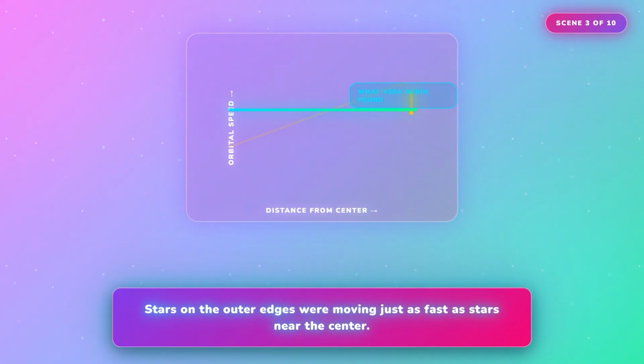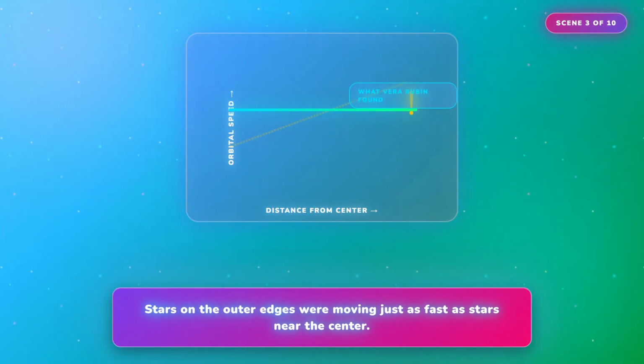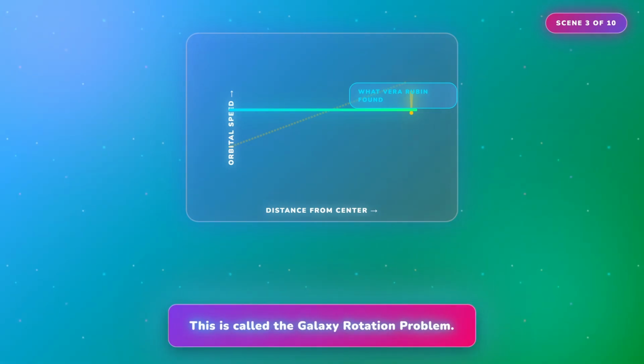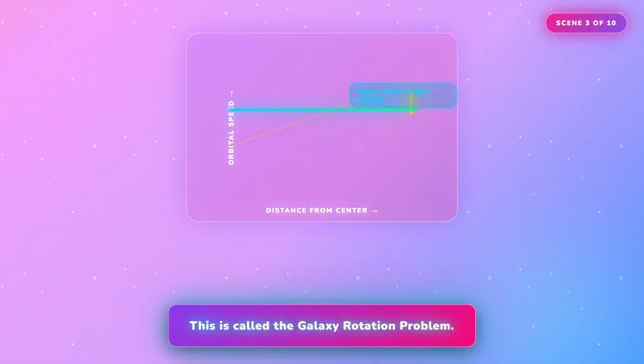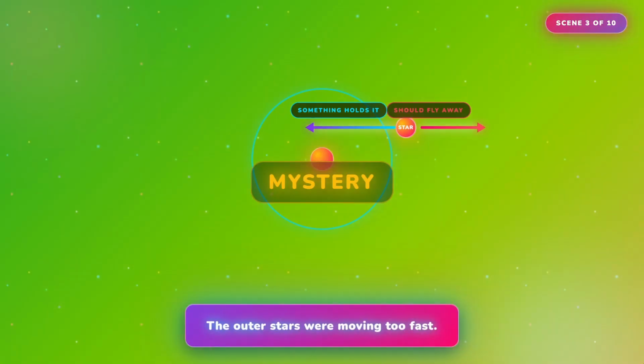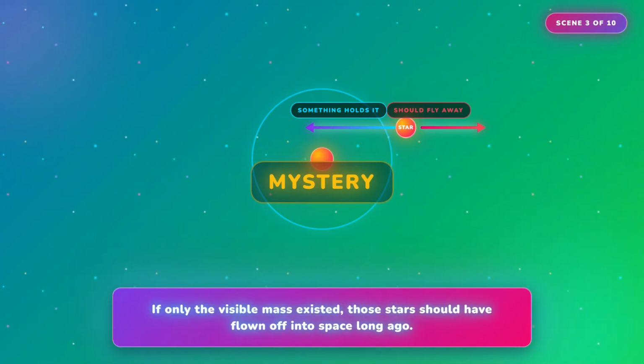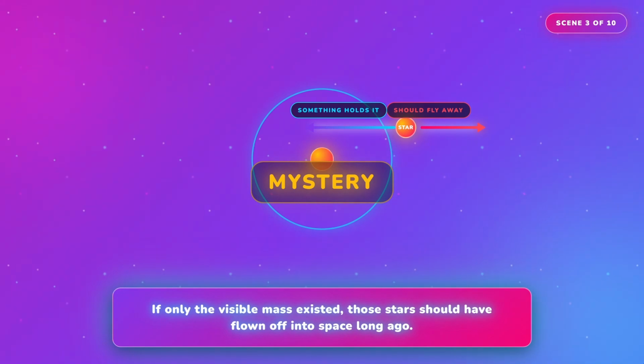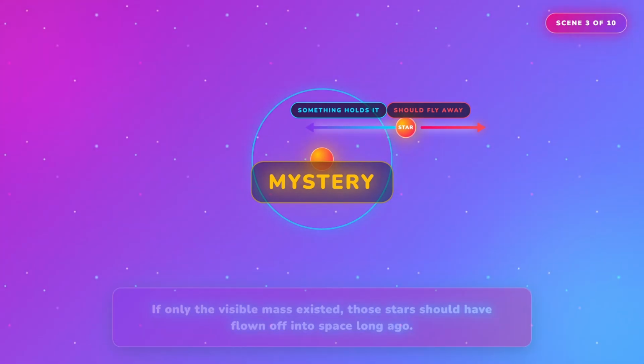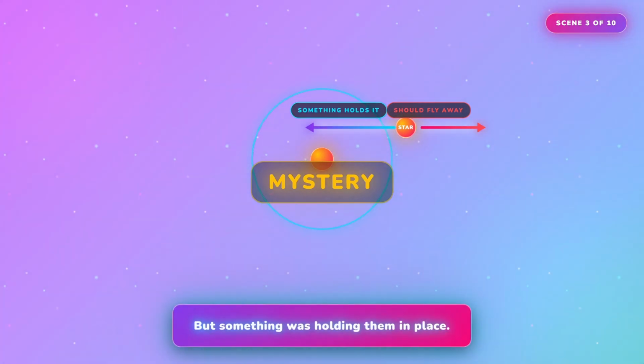Stars on the outer edges were moving just as fast as stars near the center. This is called the galaxy rotation problem. The outer stars were moving too fast. If only the visible mass existed, those stars should have flown off into space long ago. But something was holding them in place.